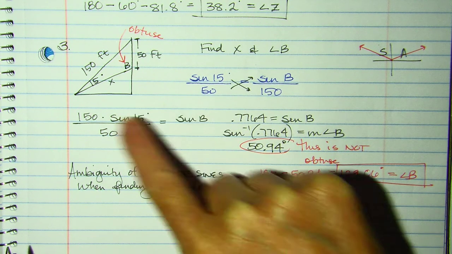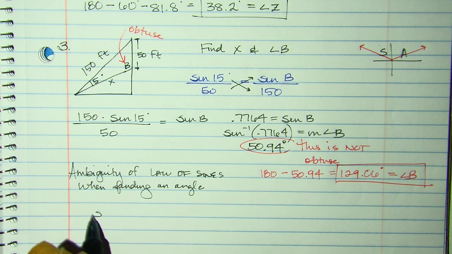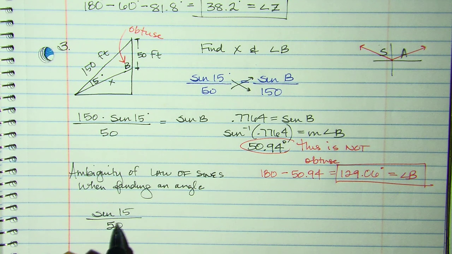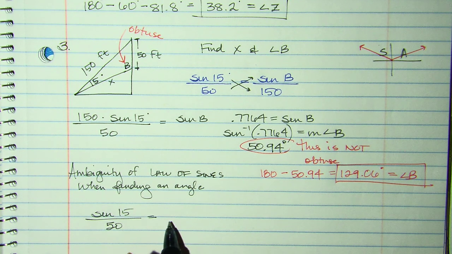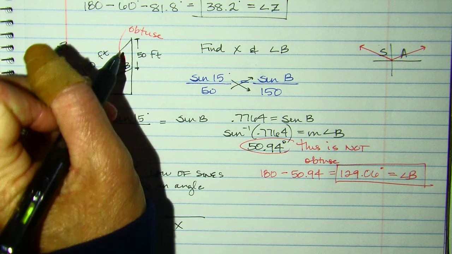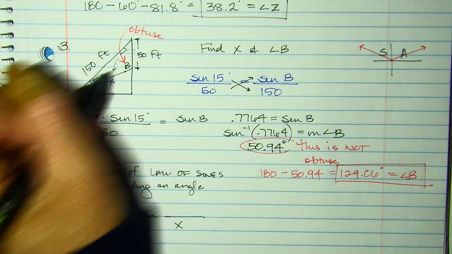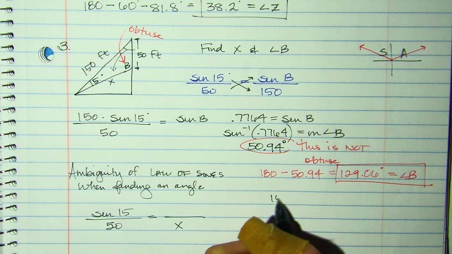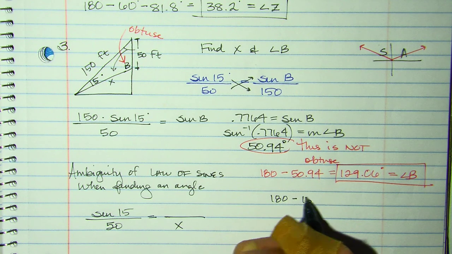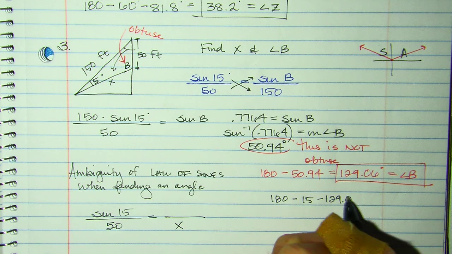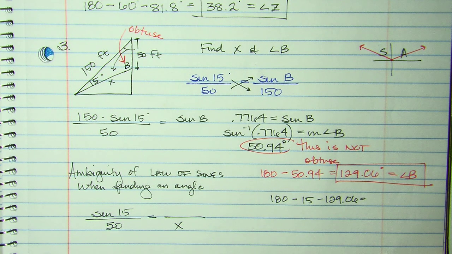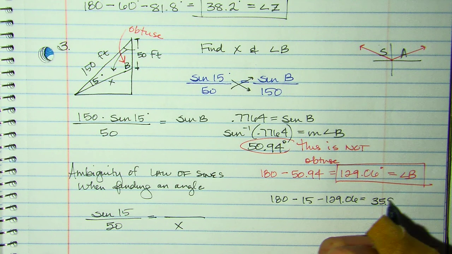Okay. Now we can find x really easily if I know that this is 129. I can use that pair, so the sine of 15 over 50 equals, this is going to be x. I need this angle here, right? So 180 minus 15 minus 129.06, and I get 35.94 degrees.